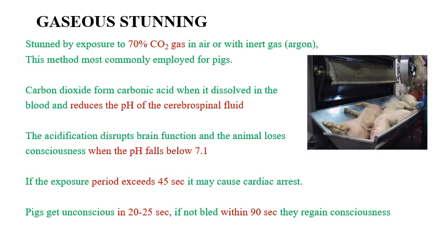So the pigs get unconscious within 20 to 25 seconds of exposure, and if not bled within 90 seconds, they regain consciousness. So the maximum period of exposure is 45 seconds and the animal should be bled within 90 seconds, otherwise it may regain consciousness.